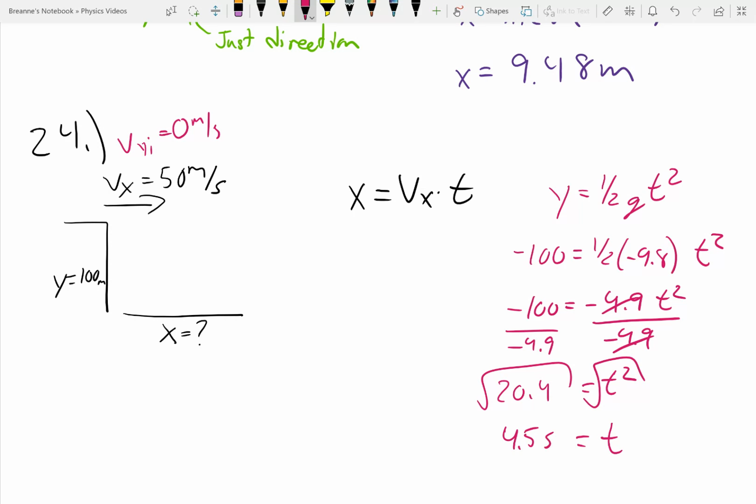Now we can plug our time into this equation. Our Vx is 50, our time is 4.5, and we get 226 meters. This is why you don't use the calculator on your phone.